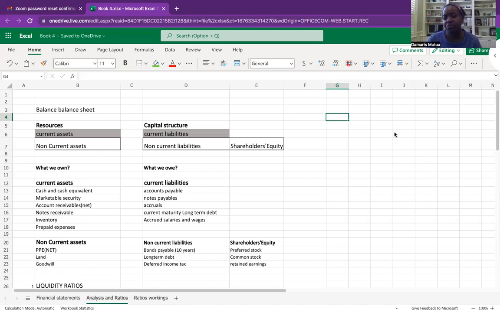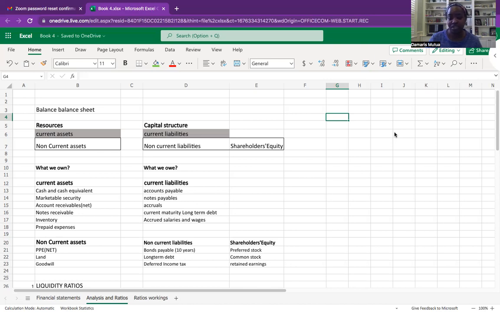Let's now jump over to liabilities. First, we have the current liabilities. These are liabilities that we will pay in the next operating cycle or 1 year, whichever is longer. Accounts payable. We've received inventory on credit. We need to pay for them. Notes payable. Accruals. We've received a service, but we haven't been invoiced.